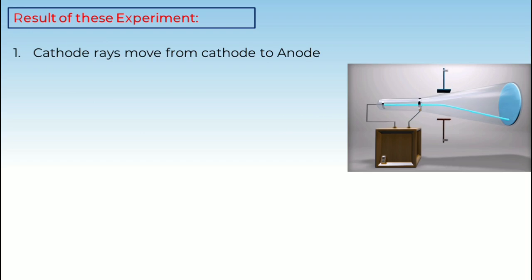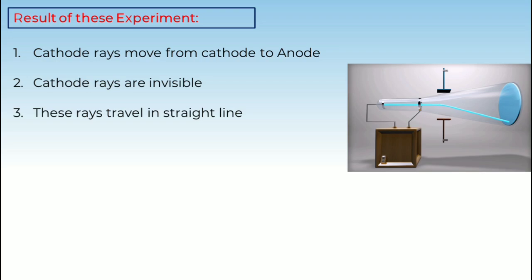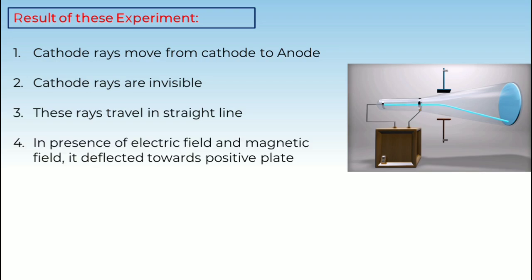So this is the experiment setup. We can see cathode rays move from the cathode to the anode. Cathode rays are invisible. They travel in a straight line. In the presence of an electric field and a magnetic field, they deflect towards the positive plate.